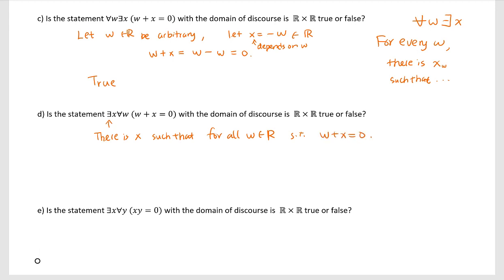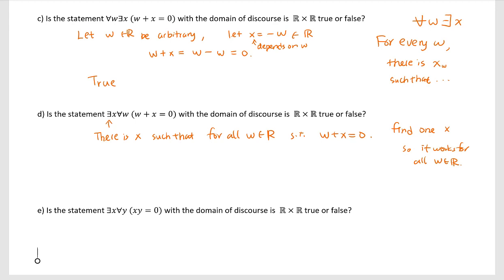So you need to find one x value so it works for all w in R. You want to find one x such that it works for all w in R. Is it possible? Not possible here, because we can show it is false.